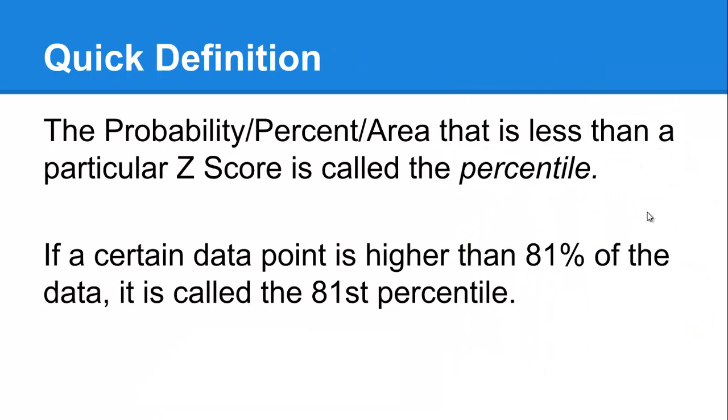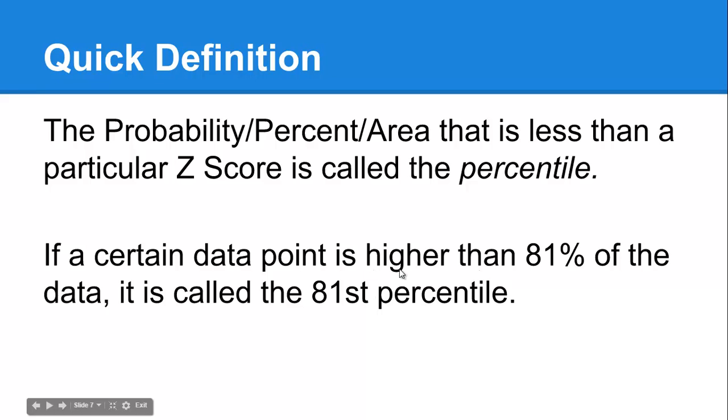Okay. Quick definition: the probability, the percent area that is less than a particular Z-score, is called a percentile. So if a certain data point is higher than 81% of the data, it's called the 81st percentile. We just keep it simple with this idea of the percentile. If your probability is 0.8081, it's the 81st percentile.